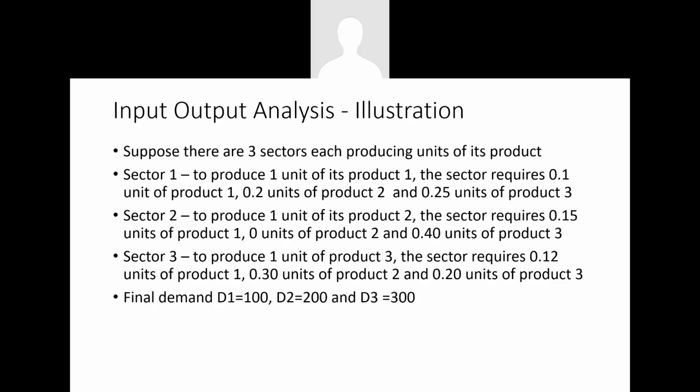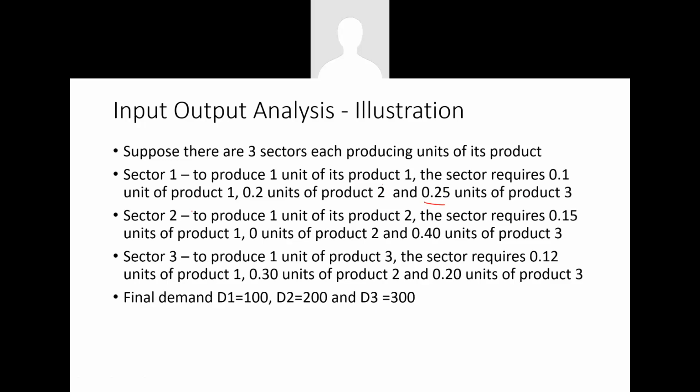It is stated that 0.1 unit of product 1 is used as input by sector 1. Then it also requires 0.2 units of product 2 for producing 1 unit of product 1, and it also requires 0.25 units of product 3 to produce 1 unit of product 1, right?